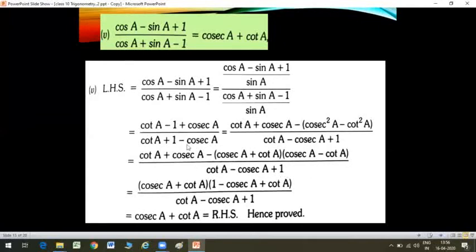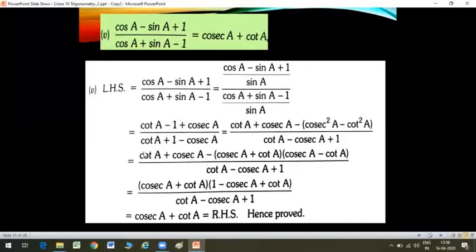After this, cot A plus cosecant A, consider this as one of the terms, and minus this is another term. From these two, we have taken cot A plus cosecant A common.